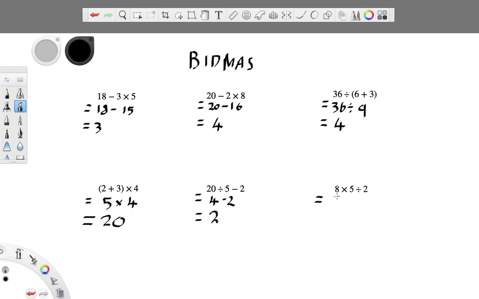So it's 8 times 5 divided by 2, which is 2.5. And then we can do the multiplication. So 8 times 2.5, which is 20.